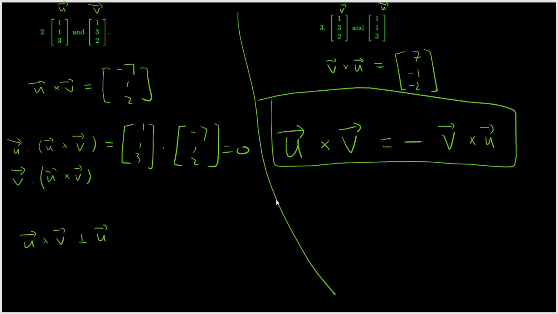It's possible to compute the dot product of two vectors, right? So v has three components: 1, 3, 2, and the cross product of u and v has three components: -7, 1, and 2. Anybody want to tell me this number again? I think very quickly, it's also 0, right? Which means u cross v is also perpendicular to v. So does that make sense?